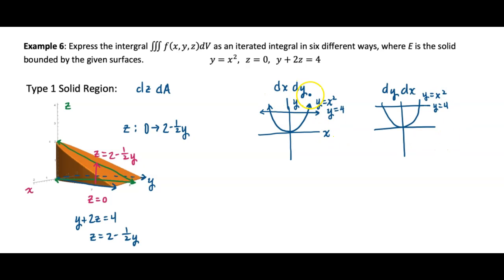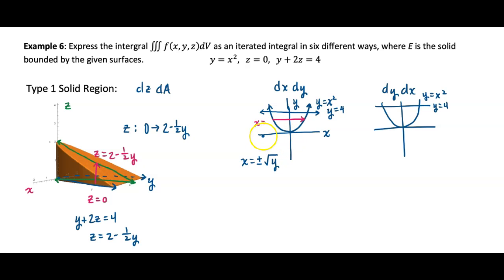Now, if I have this as dx dy, that means x is a function of y, meaning I'm going to draw a horizontal arrow here with some x as a function of y. At first glance, I might say this is the same function to itself, but I can break this up if I write it in terms of x. Taking the square root of both sides, I get x equals positive or negative square root of y.